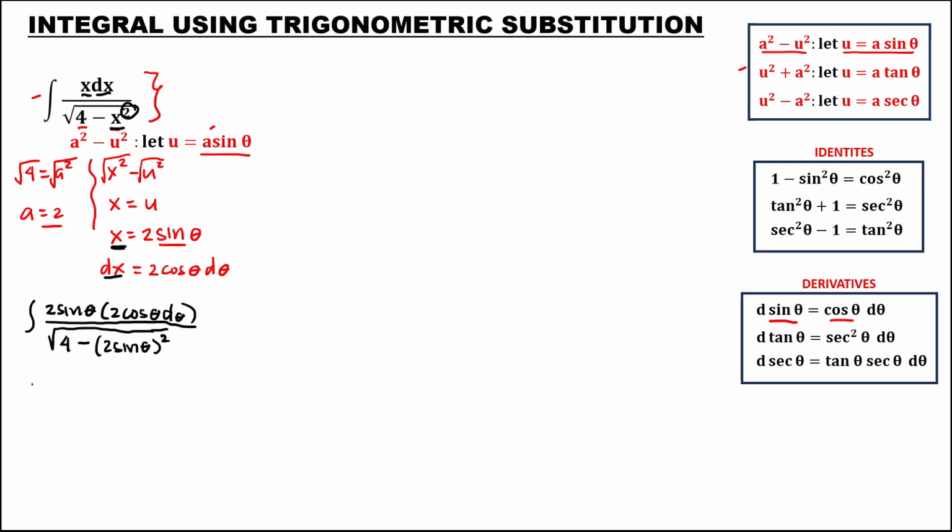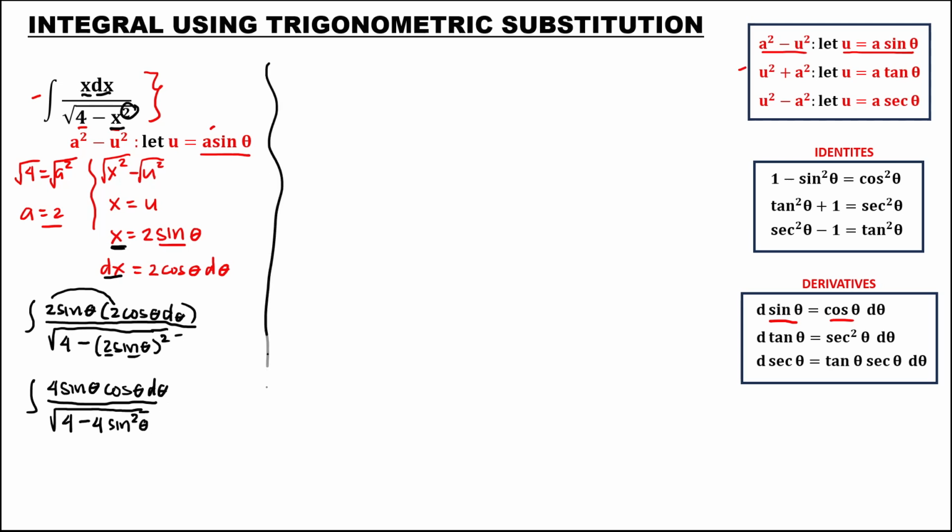Then to simplify, we have the integral. Multiply 2 times 2, this is 4. Then sine theta cosine theta d theta, then over the square root of 4 minus this 2 squared, so this is 4, then sine squared theta.